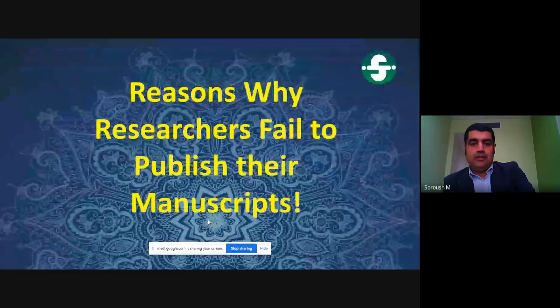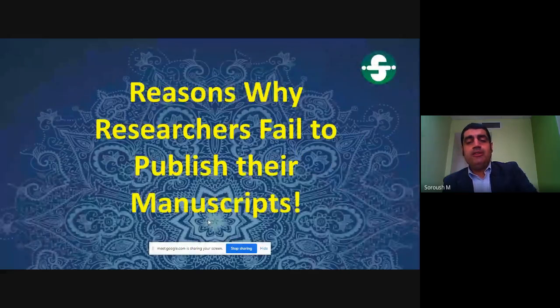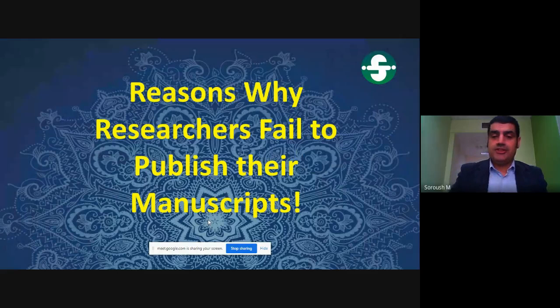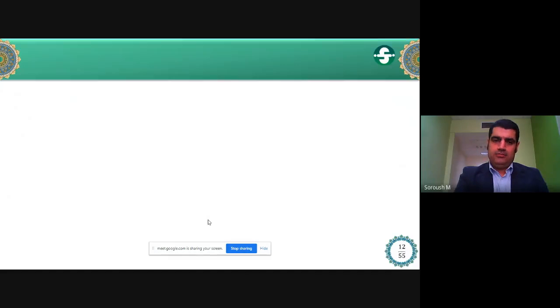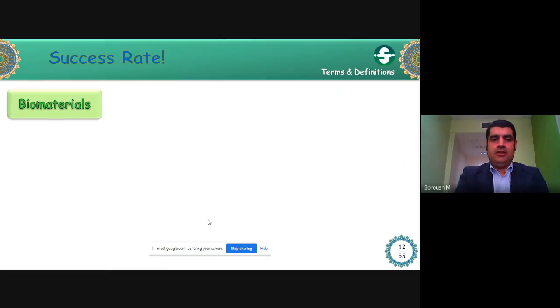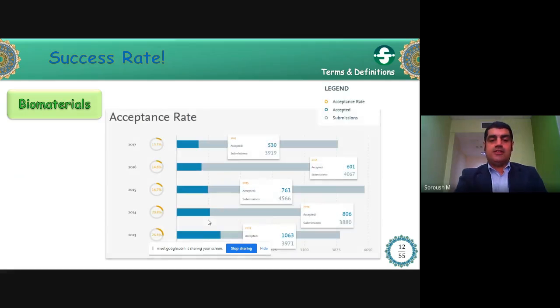Now we can switch to the main reasons why researchers mainly fail to publish their manuscripts. After years of working in the field and collecting experiences, I came to some conclusions. Let's start with some statistics. For example, we can see that the rate of success in journals follows a very disappointing trend.